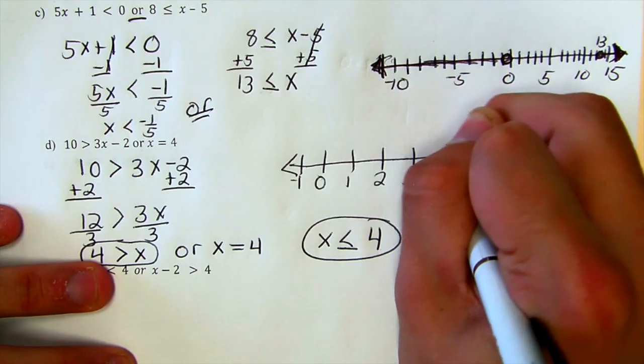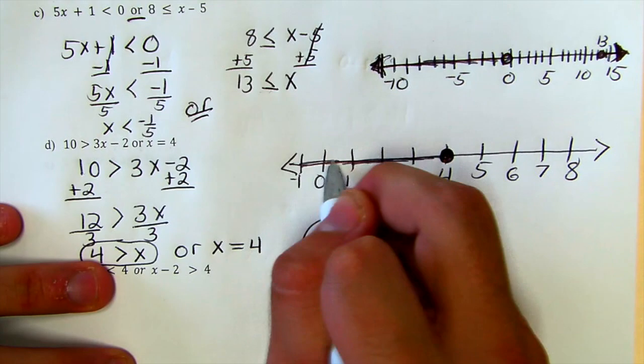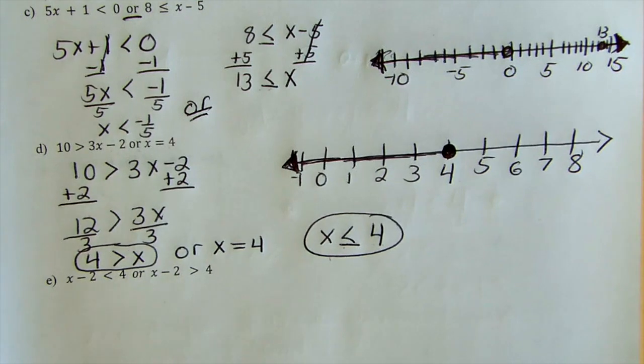So x is less than or equal to 4, so since we do have equal to 4, at 4 we're going to have a filled in circle, or a closed circle. And x is less than or equal to 4, so we're going to go to the left. We're shading to the left. And now we have the graph to our inequality.